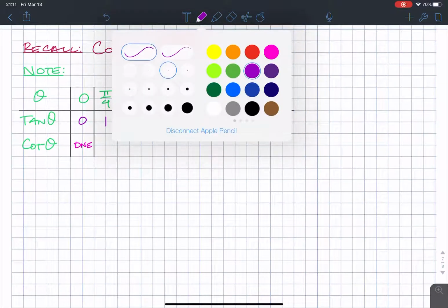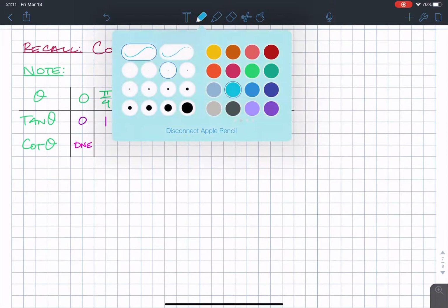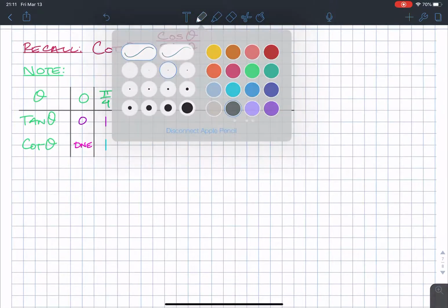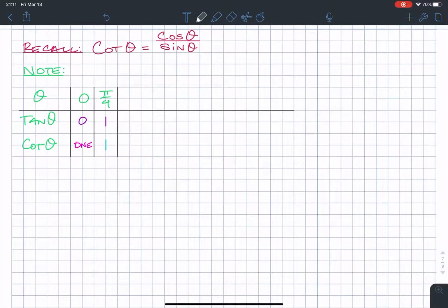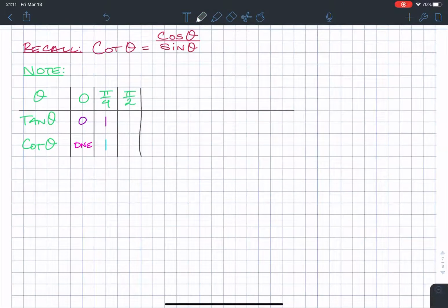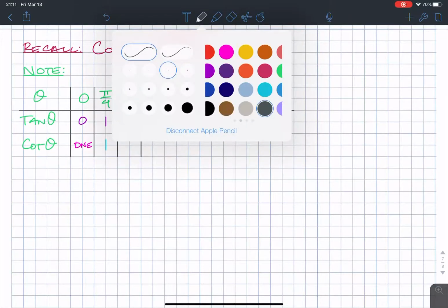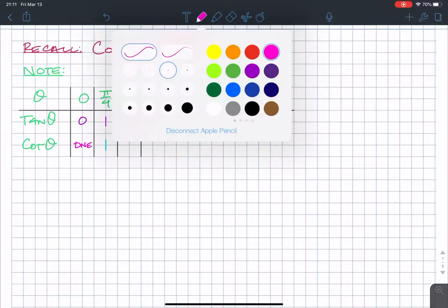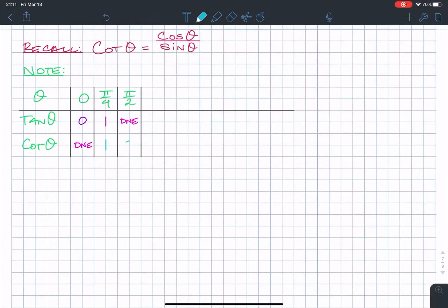So the reciprocal of 1 is 1. Now let's go on to pi over 2. Tangent of pi over 2 does not exist because it's sine over cosine, meaning I'm dividing by 0. But the reciprocal does exist, and it is 0.